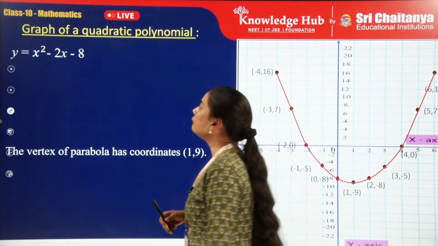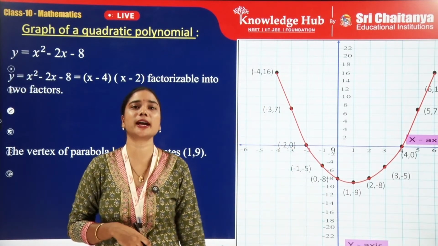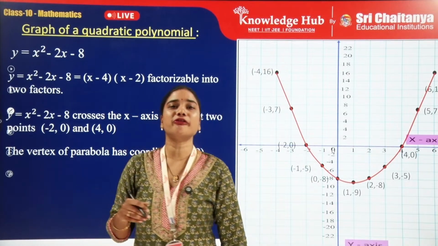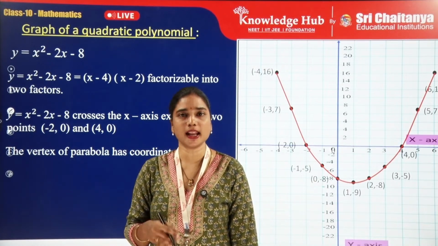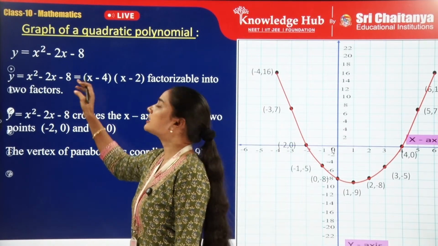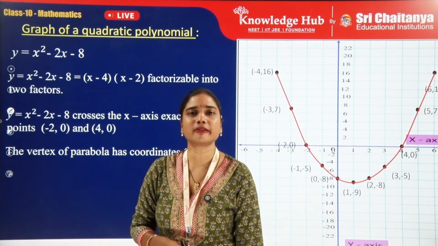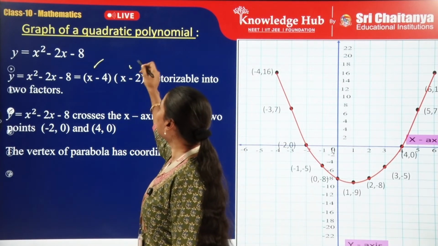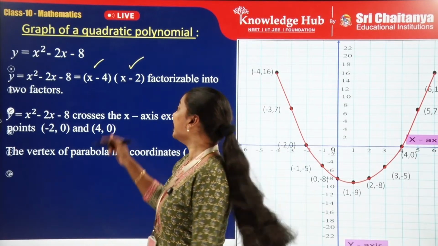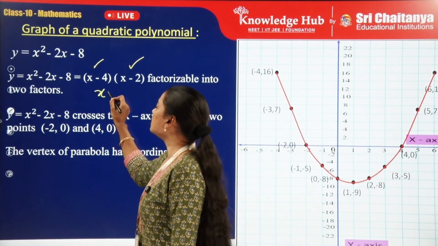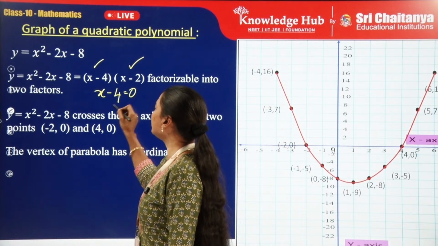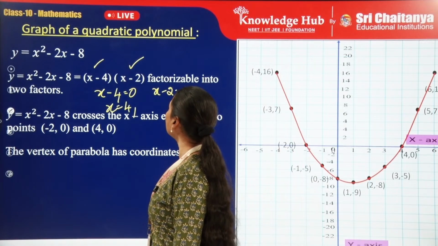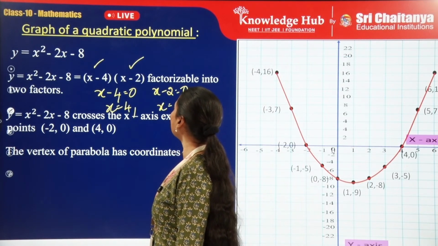We have a few more points to know about the parabola. So what are those points? Suppose you factorize the given polynomial x square minus 2x minus 8. The factors of this quadratic polynomial are x minus 4 and x plus 2. Equate these two linear factors to 0. x minus 4 is equal to 0, hence x is 4. x plus 2 equal to 0, hence x is equal to minus 2.